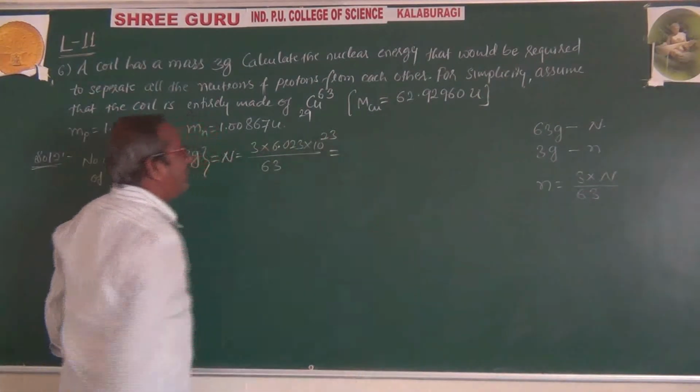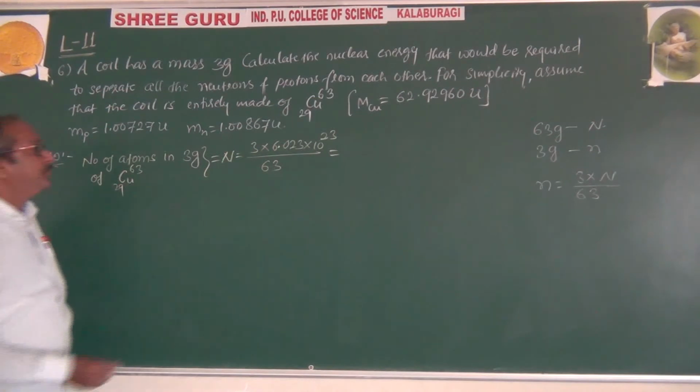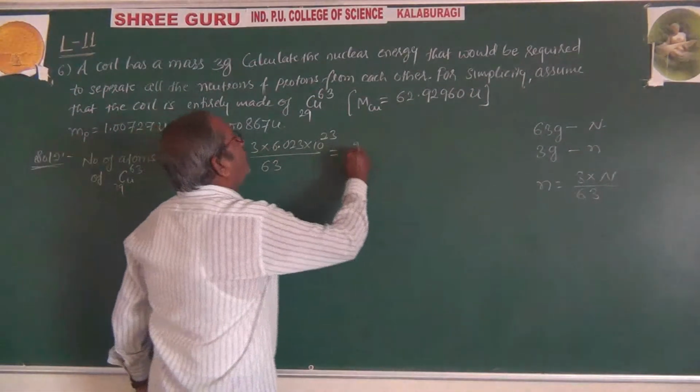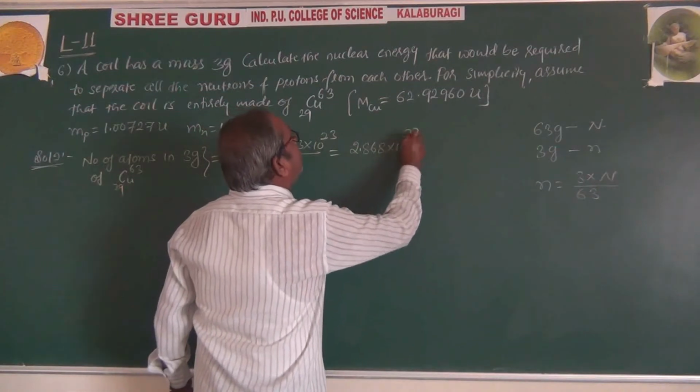Simplifying, the answer is 2.868 into 10 to the power 22 atoms.